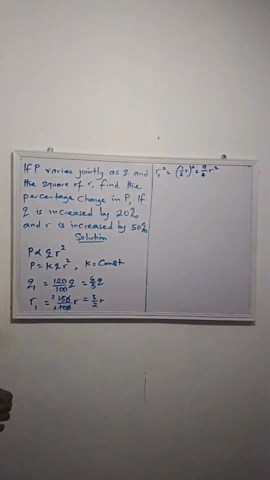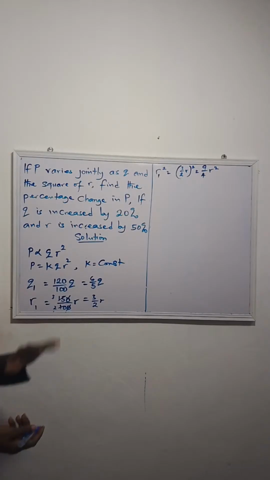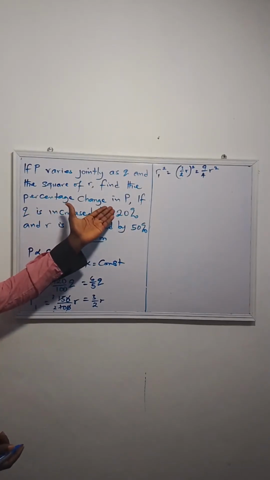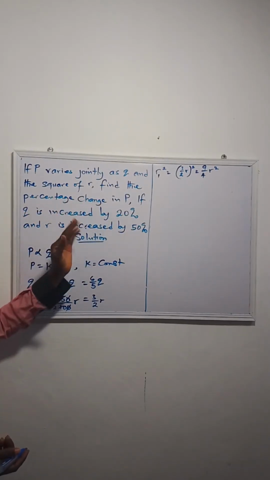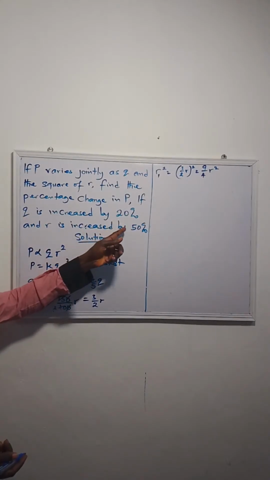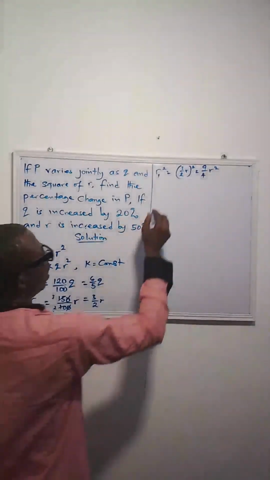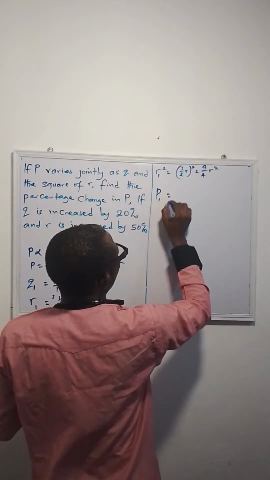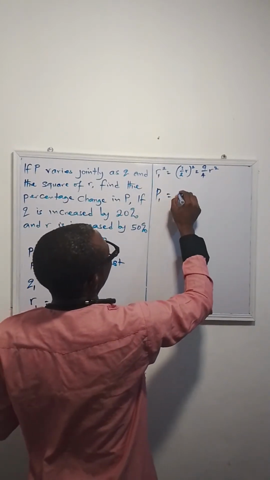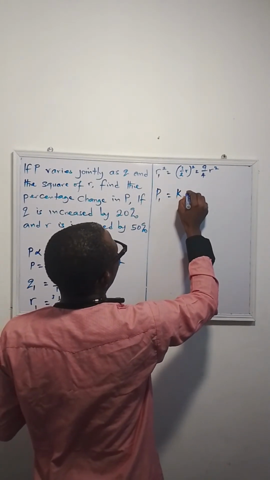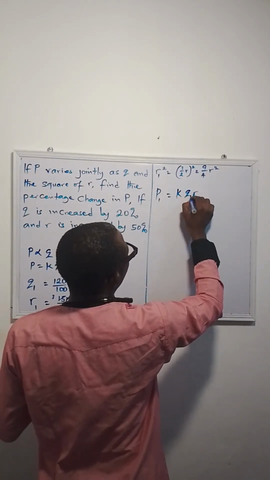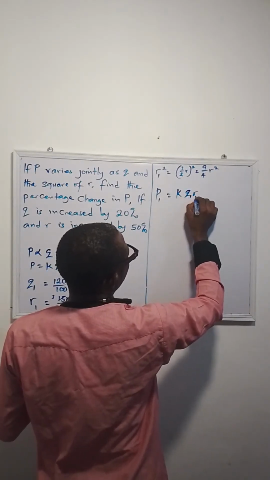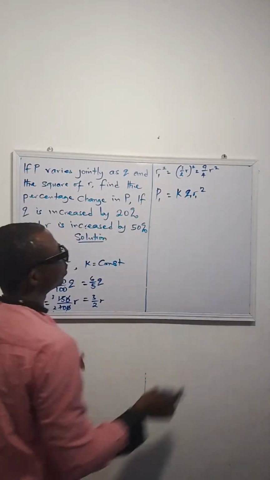Hope you understand that. Then we can get the expression for the new P, the change in P, when Q has been increased by 20% and R. So we have P1 equals K Q1 R1 squared.